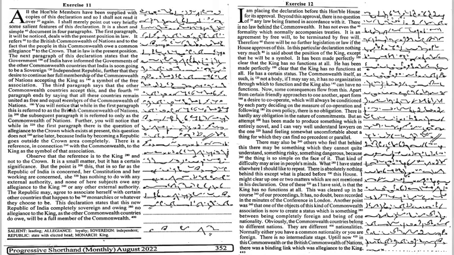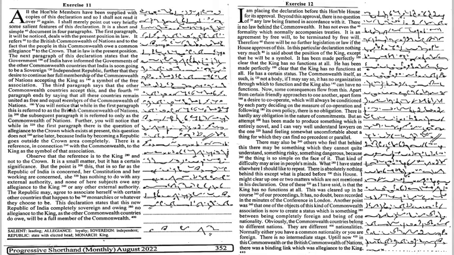All the honorable members have been supplied with copies of this declaration, and so I shall not read it over again. I shall merely point out very briefly some salient features of this declaration. It is a short and simple document in 4 paragraphs.